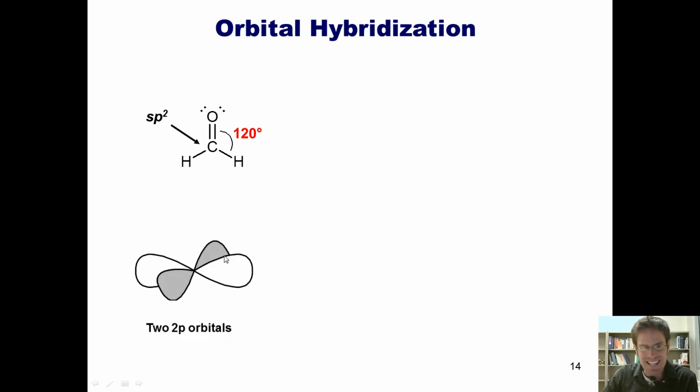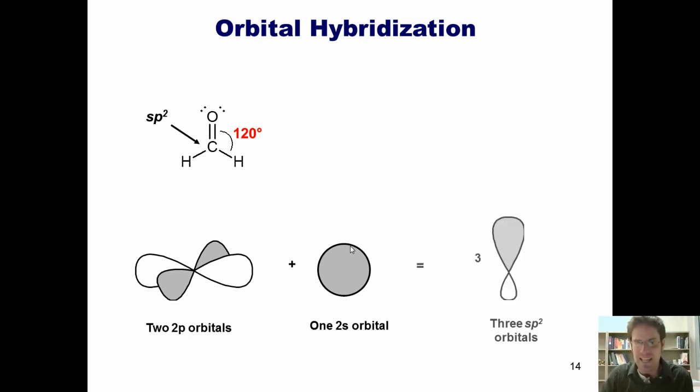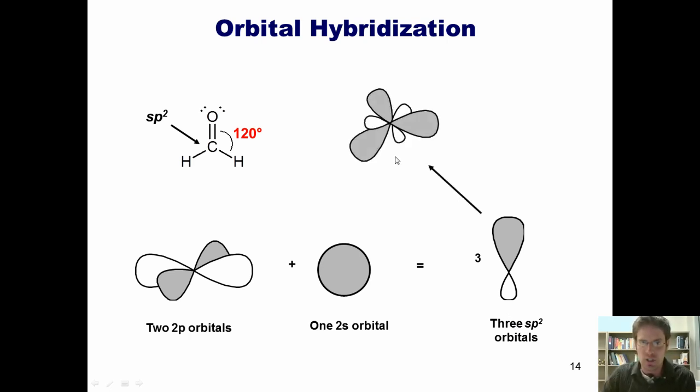So carbon's taken two of its 2p orbitals and its one 2s orbital, squished them together, and then made three individual equal sp2 orbitals like that. These three individual sp2 orbitals are then laid down in a trigonal planar structure like this.